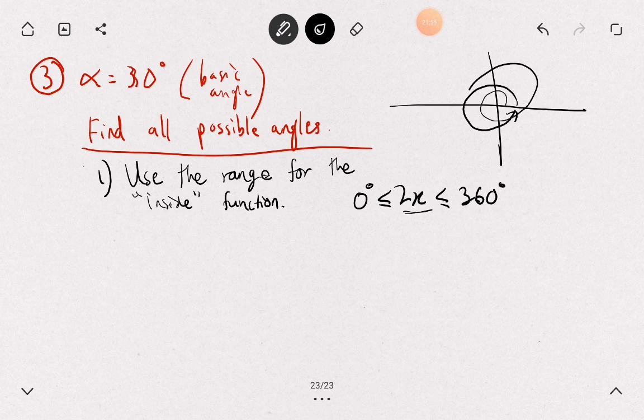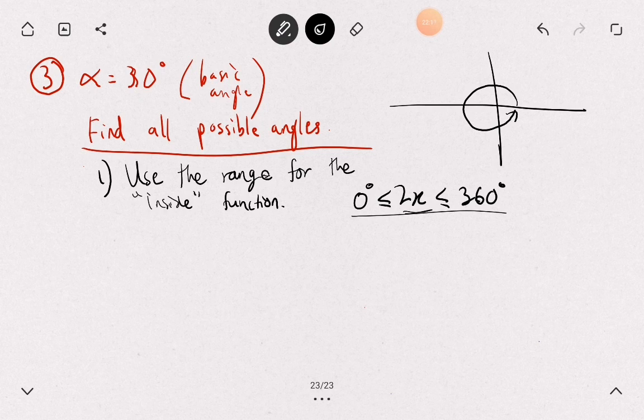So I cannot go 2 rounds, I cannot go 3 rounds, and so on. And I'm not taking the negative angle, so I'm not going in this direction. I'm only taking angles that are positive and less than 360. Okay, cool. So you already know this.